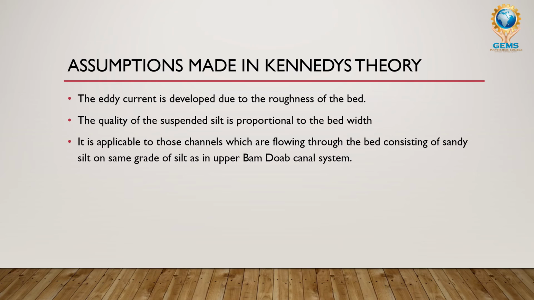The third one is that it is applicable to those channels which are flowing through a bed consisting of sandy silt of the same grade. If you want to identify what these channels look like, search in Google for the Bari Doab canal system. This is a famous canal system which adopts this Kennedy's theory. You can see it for your purpose.